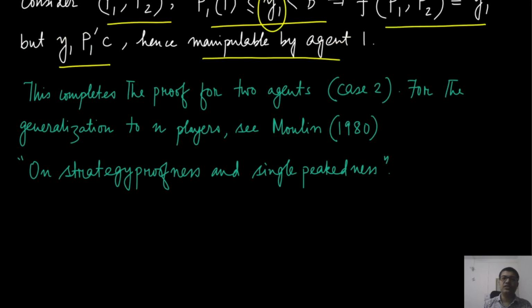So this is the proof for two agents for case 2. For the generalization, it just repeats this argument for more players, and for the complete details please see this paper by Muller, which is titled On Strategy Proofness and Single Peakedness.